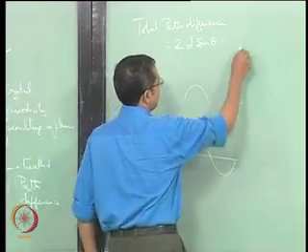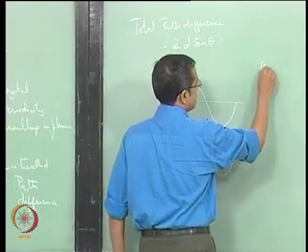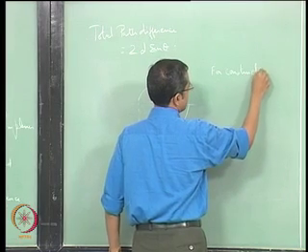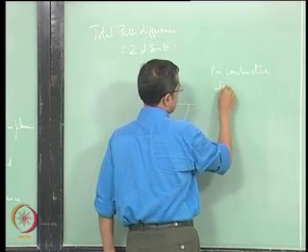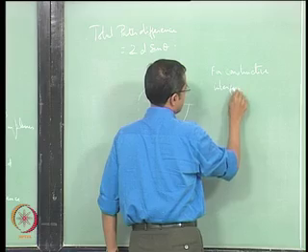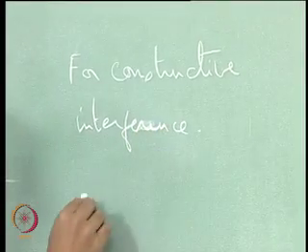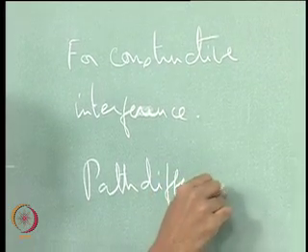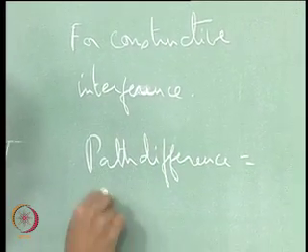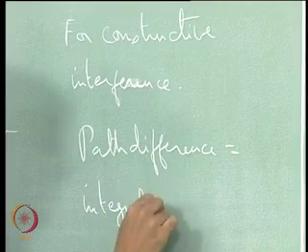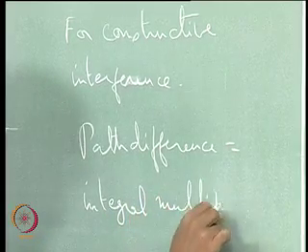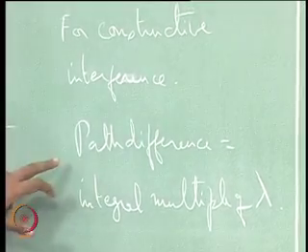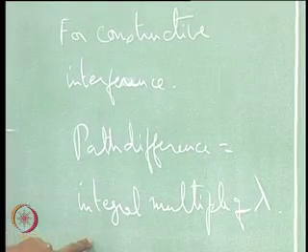So for constructive interference, the path difference should be equal to integral multiples of lambda.